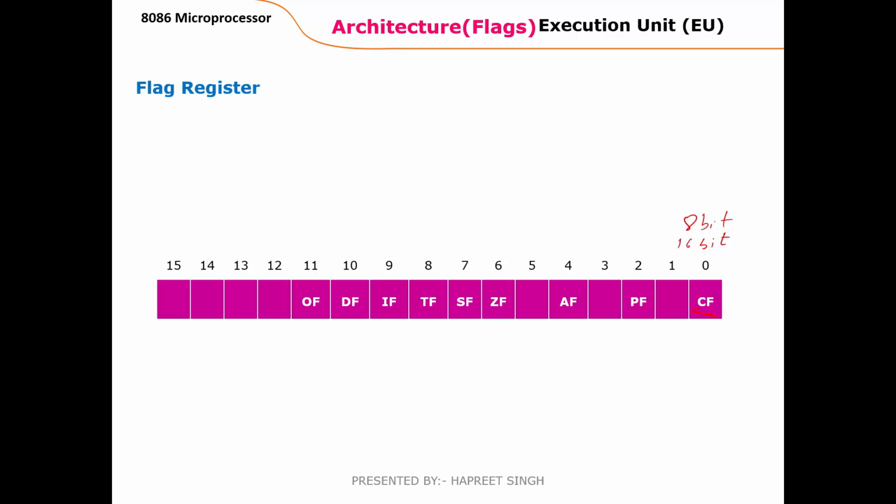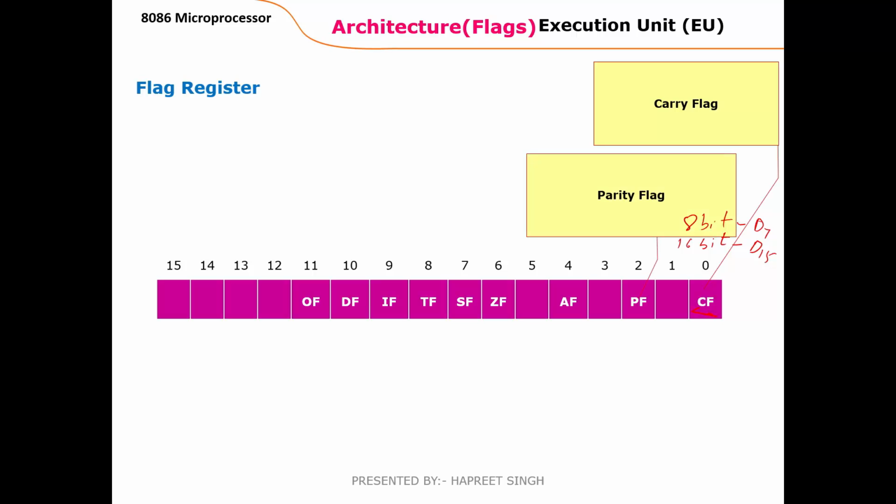In case of 8-bit, if the carry is generated from the D7th bit, then carry flag will be set, and in case of 16-bit operation, if the D15th bit generates a carry, then it will set the carry flag. So in 8-bit, which bit we will check? D7th bit, and in case of 16-bit operations we will check the D15th bit.